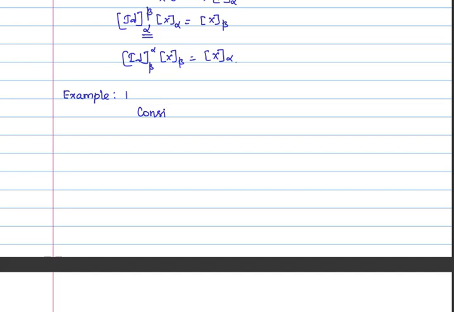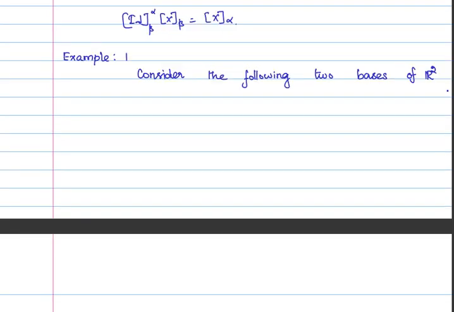Consider the following two bases of R2, namely alpha equal to (1,2), (3,5) and beta is (1,-1), (1,-2).